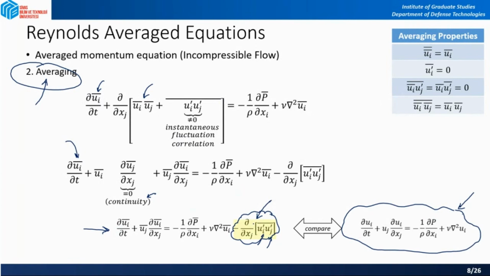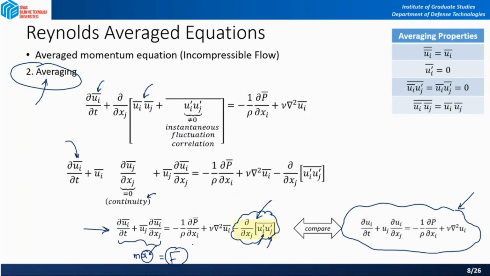This means that whatever this term is, whatever the whole term is, the left hand side of the mean momentum equation, you know what this is? The left hand side. This is actually your MA, right? F equal MA. You remember it. And this means this acceleration is affected by whatever you have on the right hand side as your force.